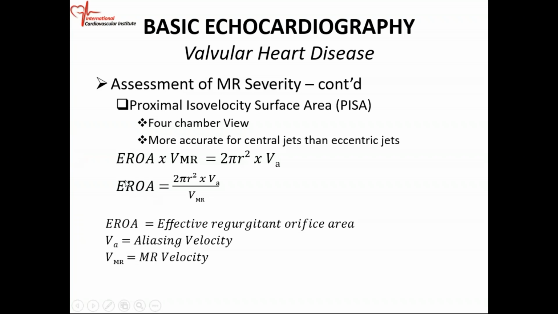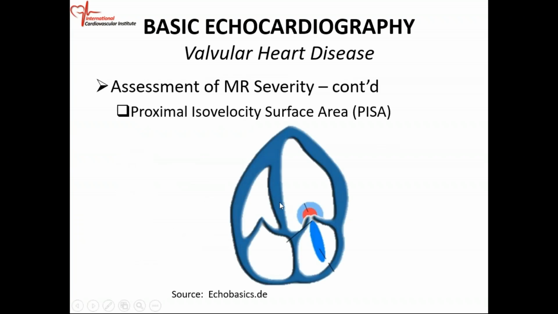If the EROA is a small number, then you have a small regurgitation. Okay, so again, this is a cartoon showing the same thing. If you adjust the aliasing velocity, you get these nice hemispheric shells. Okay, it's half of a sphere, and you can measure the radius. Okay, this is the regurgitation right there. The regurgitant flow is equal to the flow at PISA.